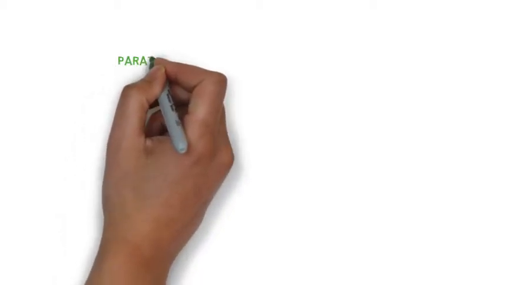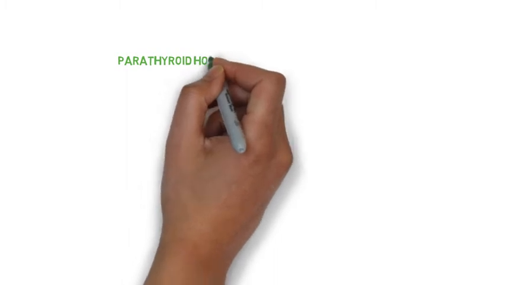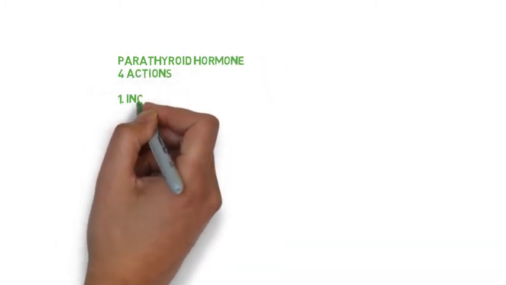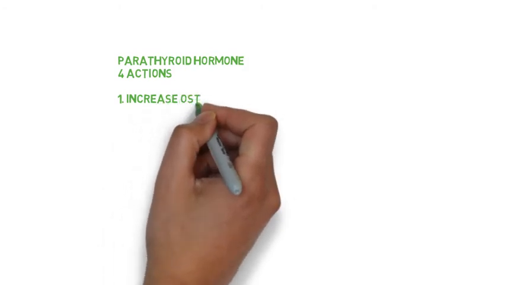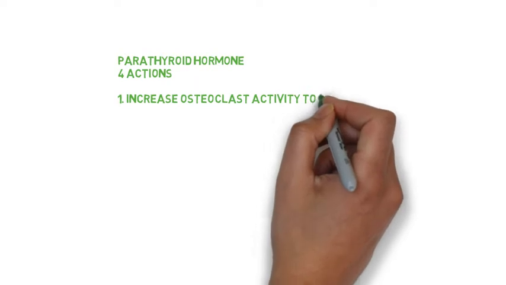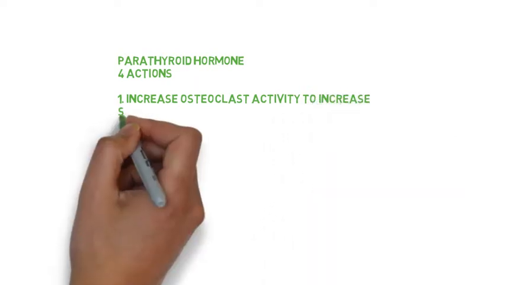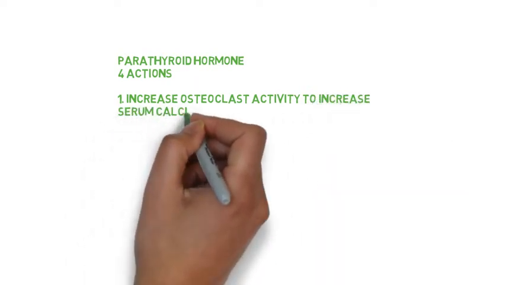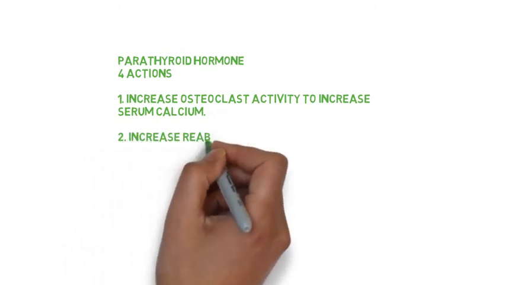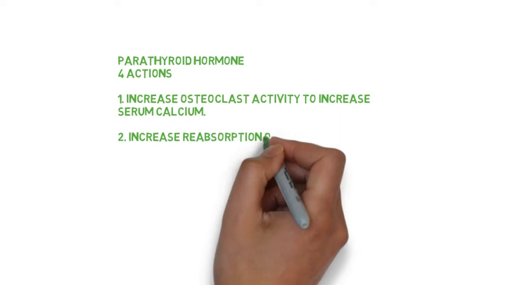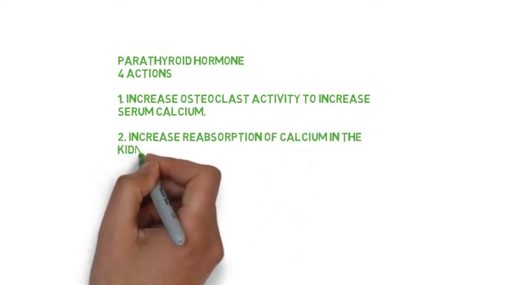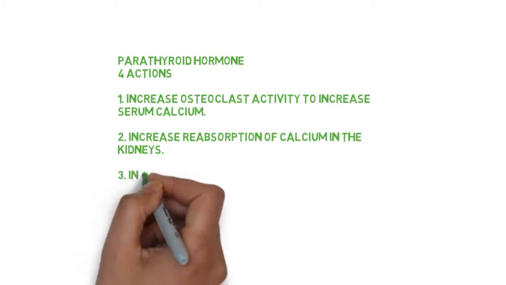And there are different hormones that will regulate the calcium to prevent it getting too high or too low. The first one I'm going to talk about is parathyroid hormone. The parathyroid hormone is secreted by the parathyroid glands, and it responds to decreased calcium.